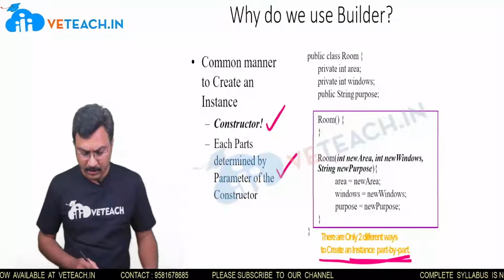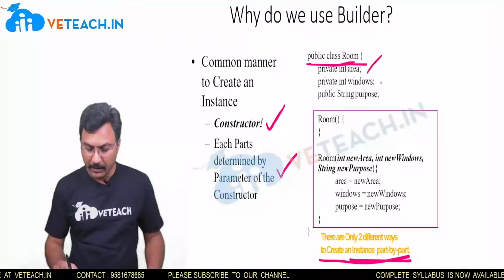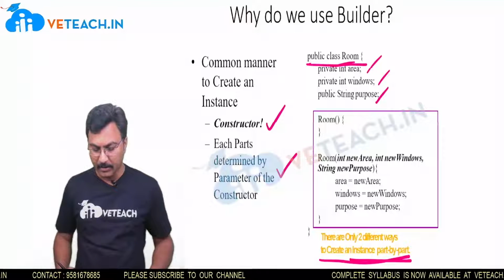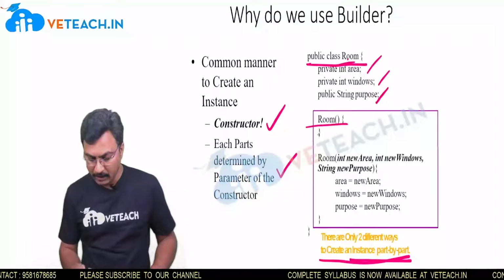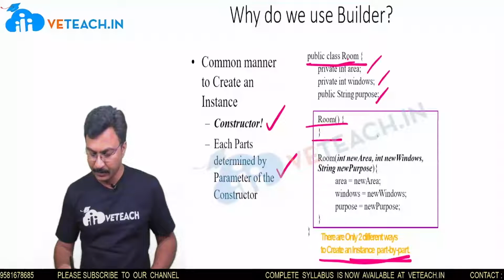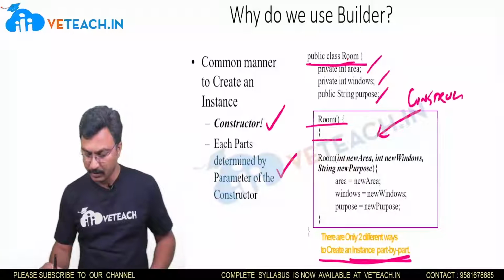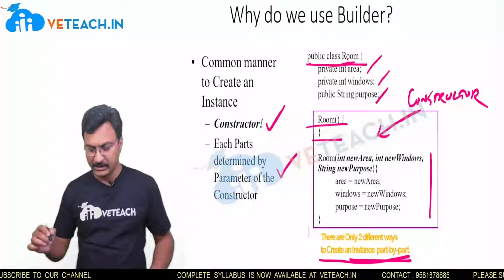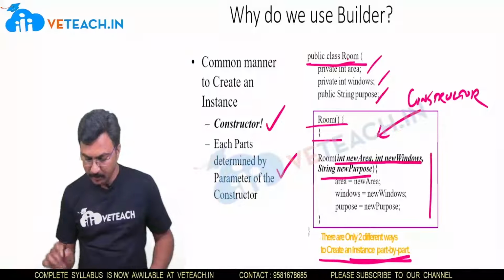Like here you can see that there is a public class Room with area, windows and string purpose. There are different attributes being applied here. So when I am trying to create, there is a Room constructor. This is a notation for representing a constructor, and second is specifically instantiating a room by the specific format used here.